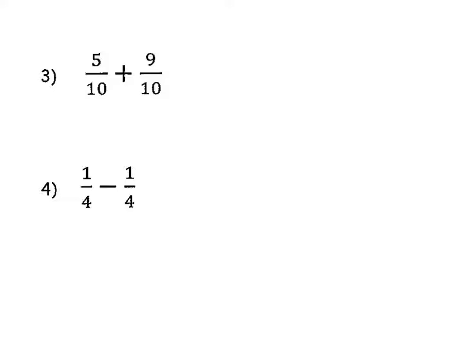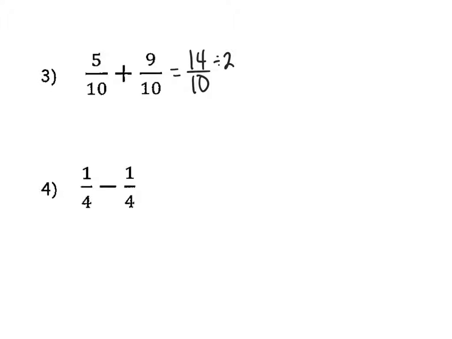5/10 plus 9/10. 14 tenths first. And again, don't change it to a mixed number. Just leave it like this. This is totally fine. What number goes into 14 and 10? 2.